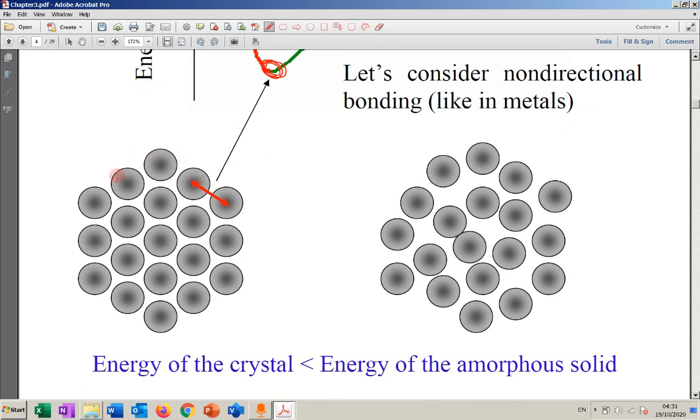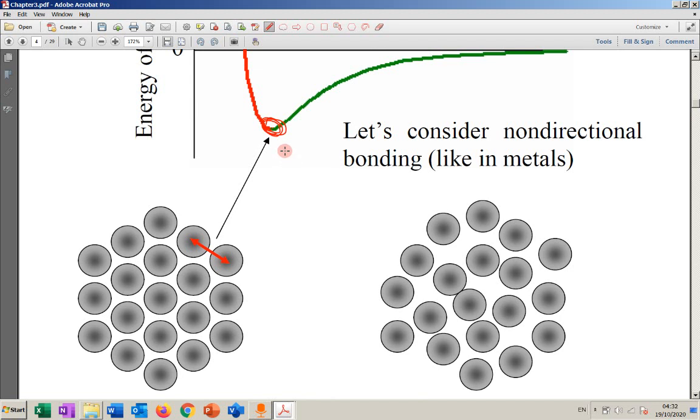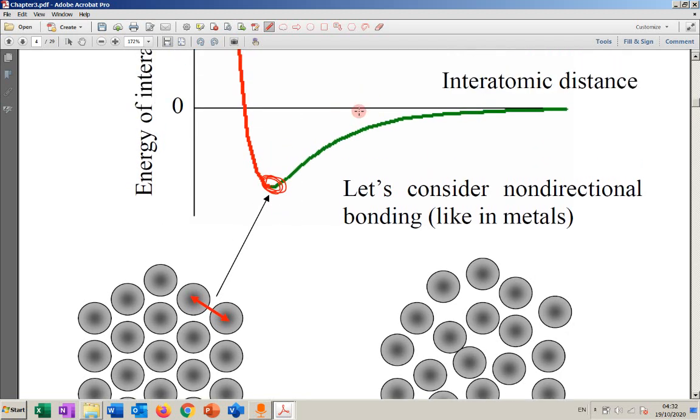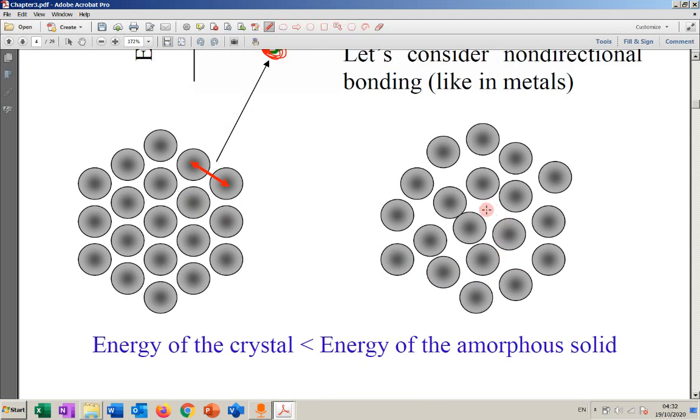Now look at this, those atoms arrange themselves at a distance, which is this interatomic distance. At this stage they are at equilibrium, so they will be at less energy. But here, if the distance is far away, they will attract each other.